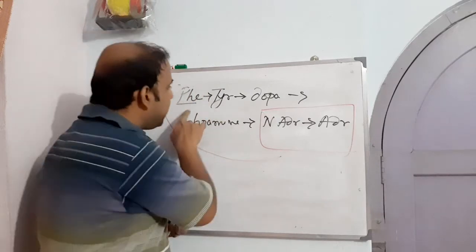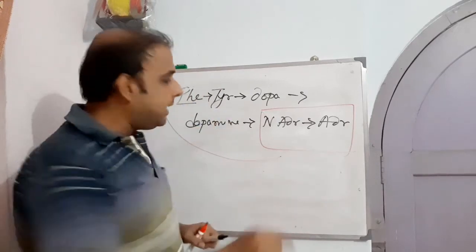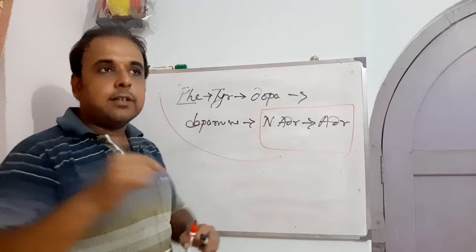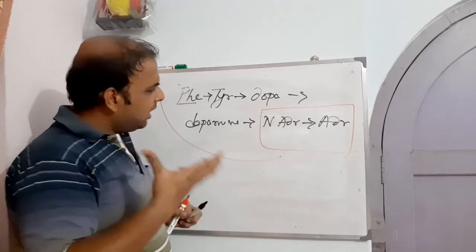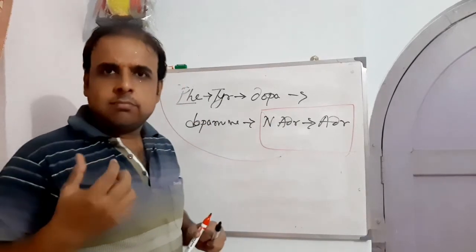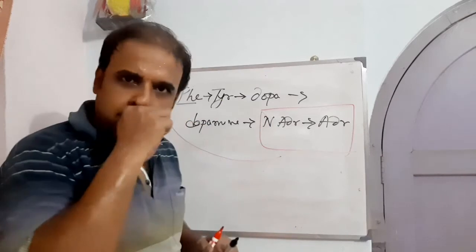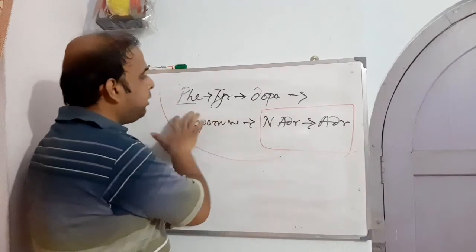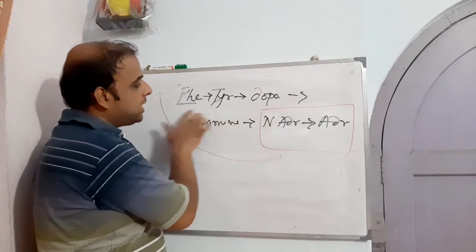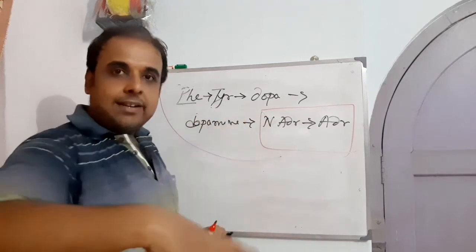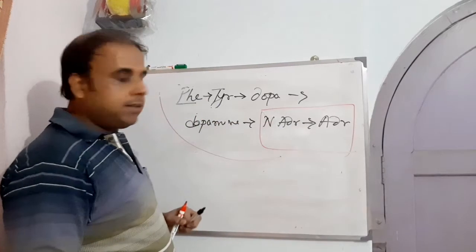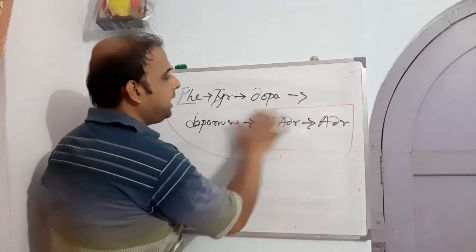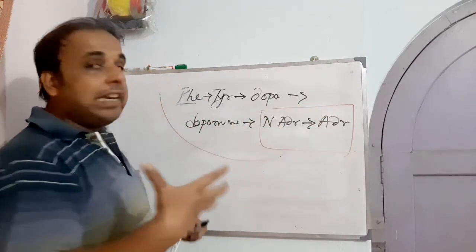Suppose from phenylalanine to tyrosine, you won't find this particular transformation in the adrenergic cytoplasm, which sometimes you can also call exoplasm. You won't find this in the liver and so on, right?